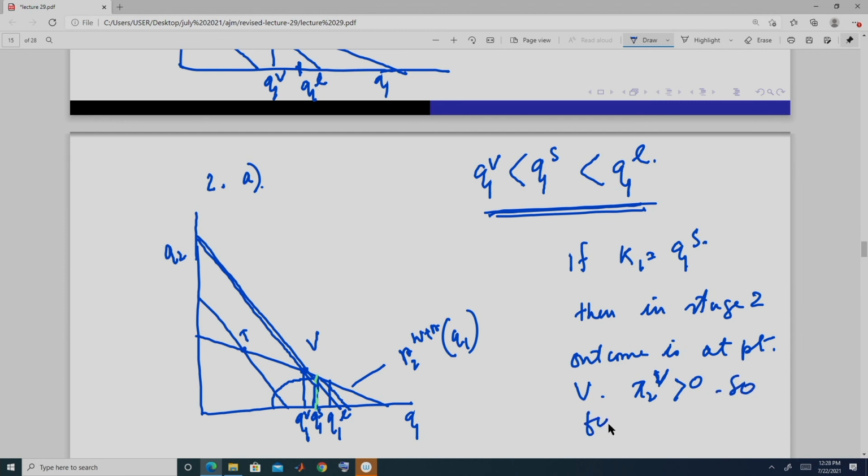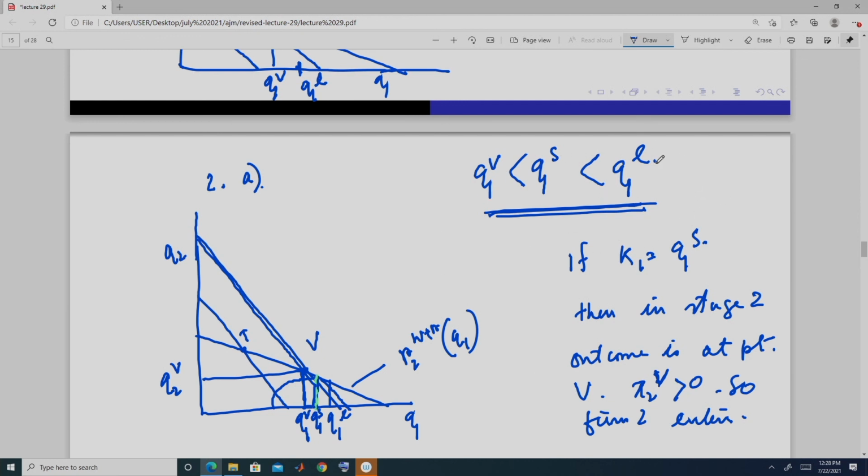So farm 2 enters and the output of farm 1 is Q1V, output of farm 2 is Q2V. Now, this much it is going to get as a sunk cost.